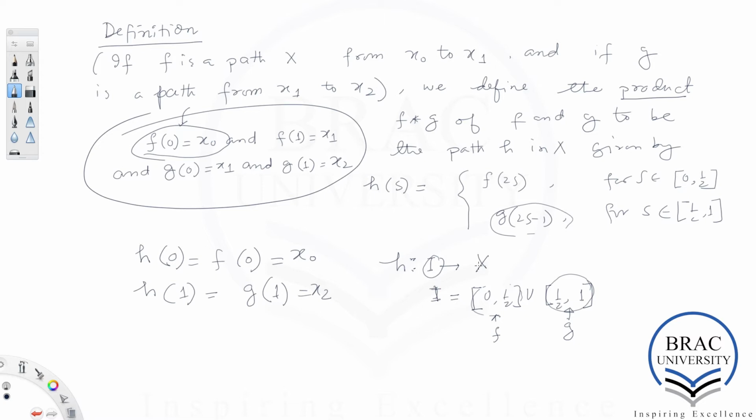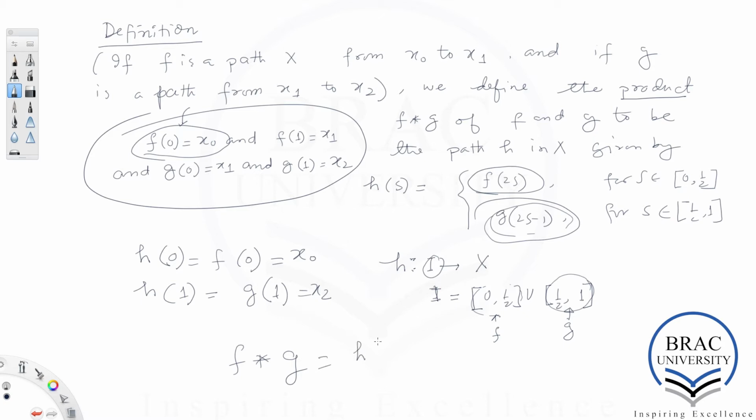Okay, so one also sees, looking at the expression of h, that h is the path whose first half is the path f, and whose second half is the path g, right? So the product operation that we have just defined, f star g, is the same as h.